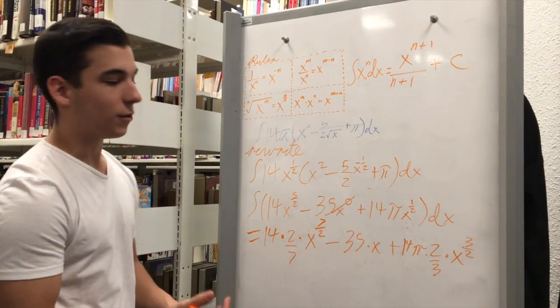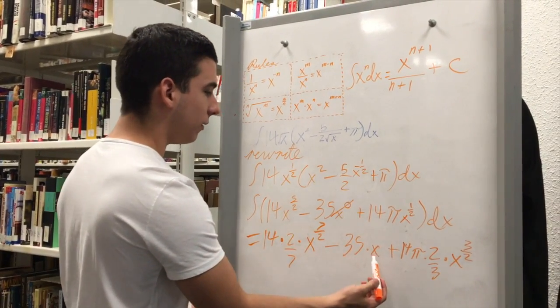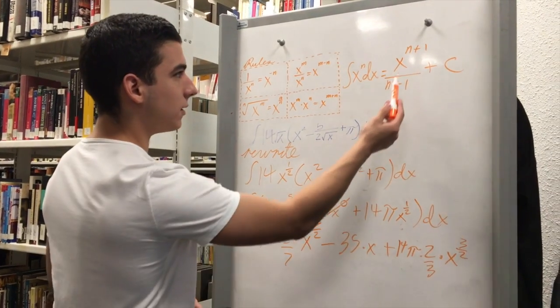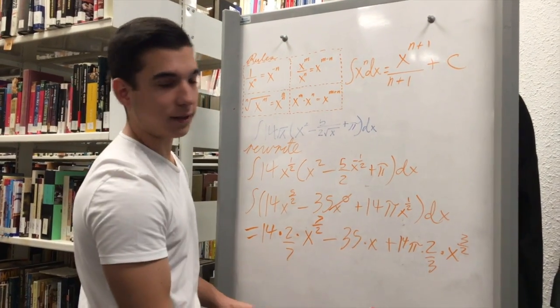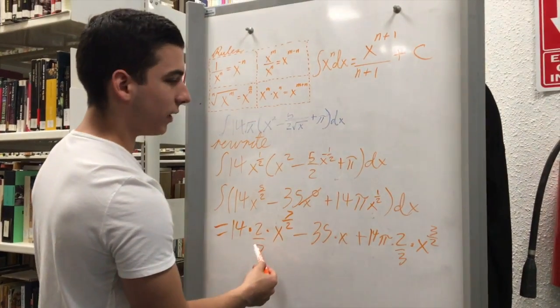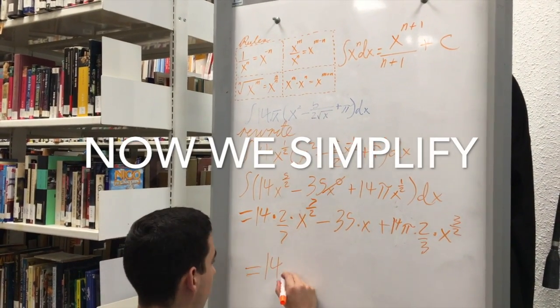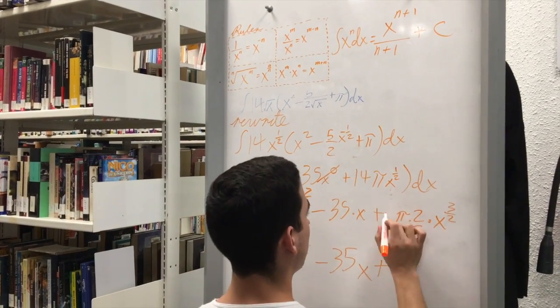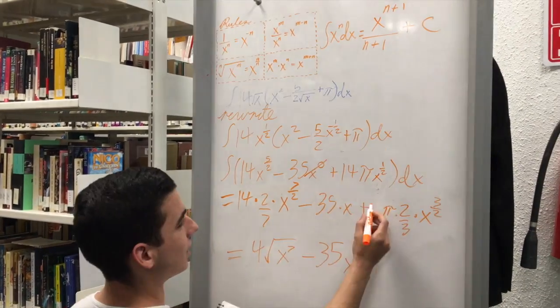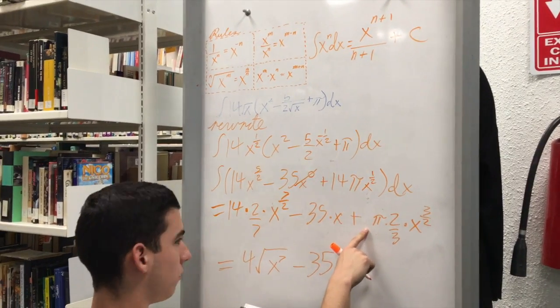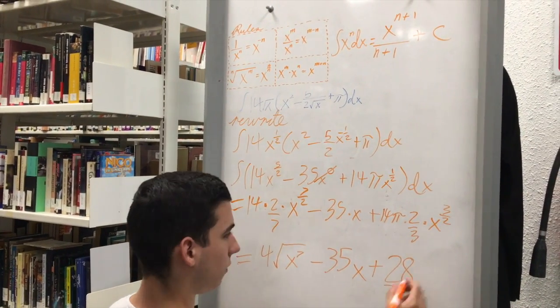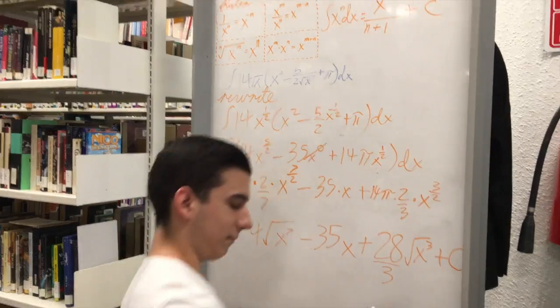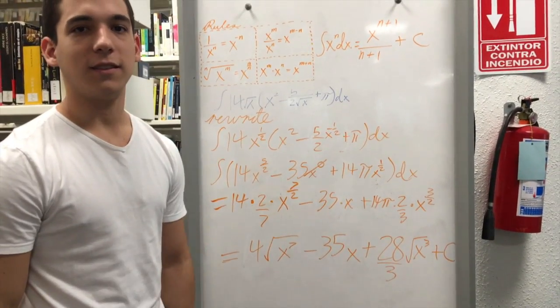We multiplied times the reciprocal. Here we did the same. Since we don't have an x, we just add an x. And here we did the same as we did here. So there you have it. That's the final answer.